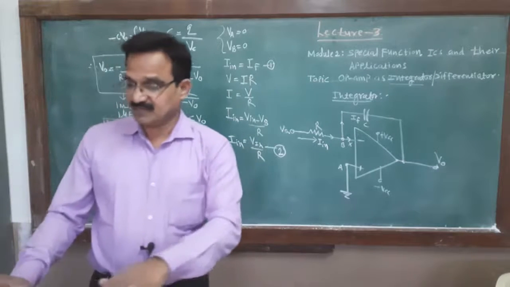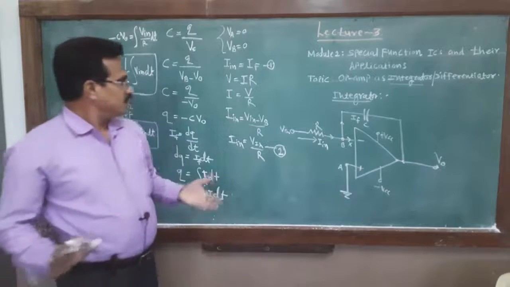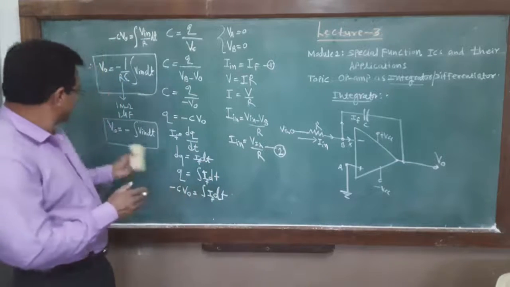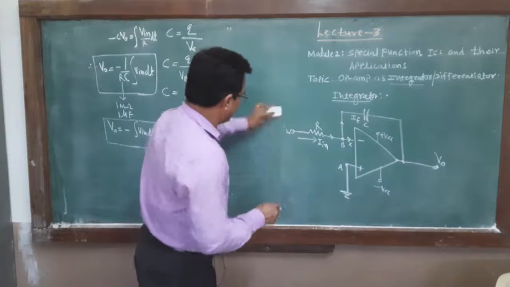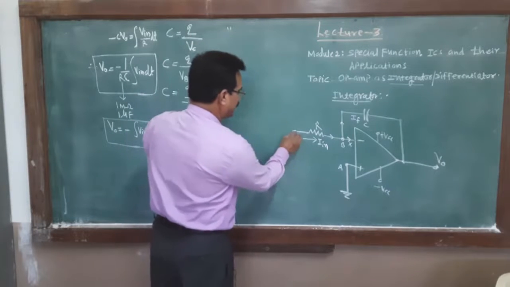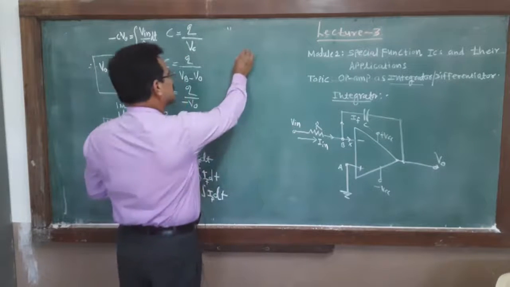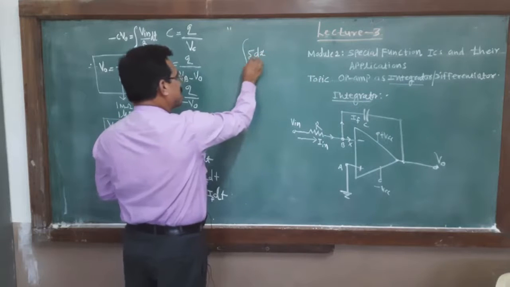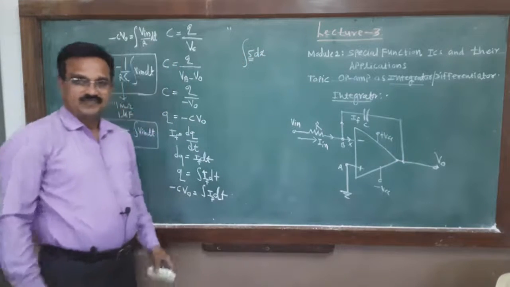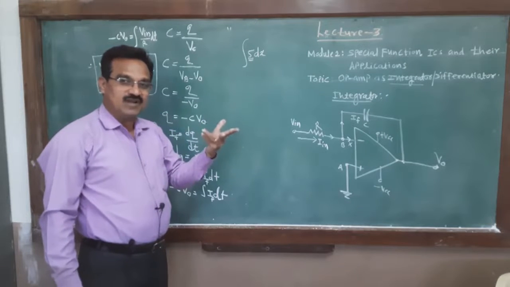Suppose the input is V in, and this is the integration of 5 into dx. 5 is constant.